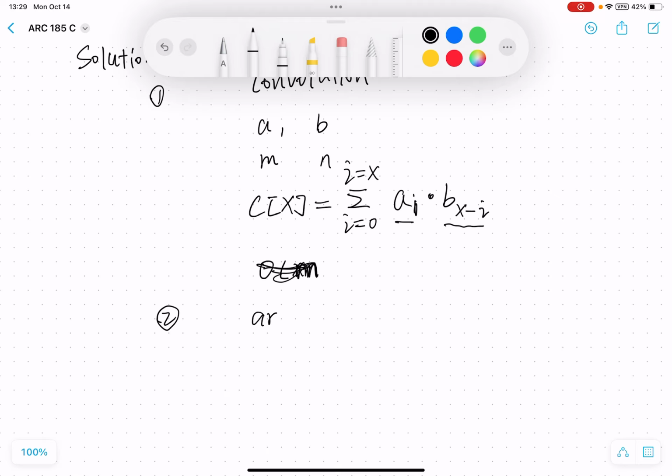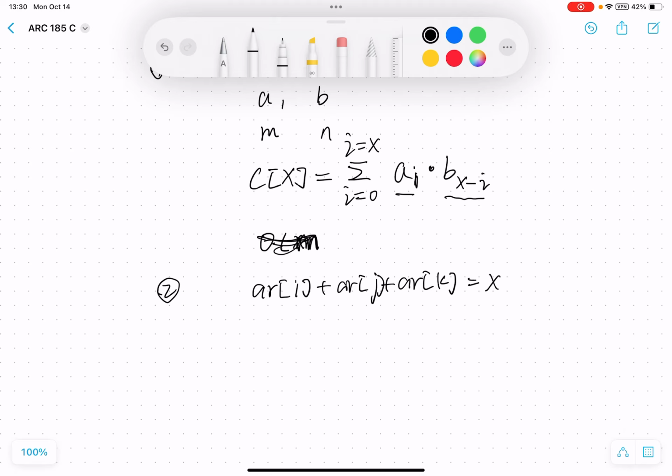What you need to do is make three integers sum to x. So we can traverse every element and check x minus A_i. We can check if this is available to be the sum of two elements in this array, that is, whether it is available as A_j plus A_k.